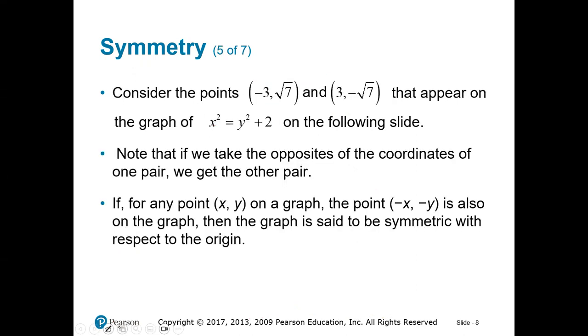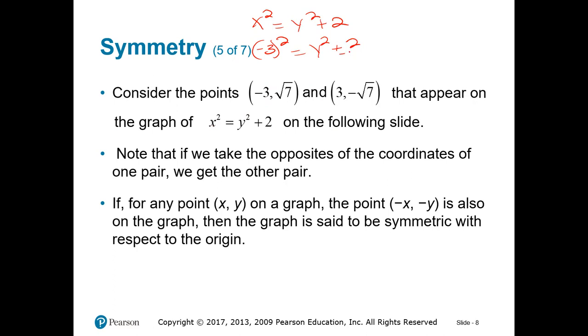Okay, so now we've got something a little bit more in depth. We have x squared equals y squared plus 2. Looking at this, what if x is -3? Let's square it and solve for y squared.